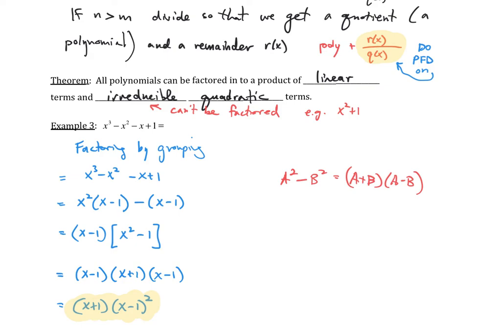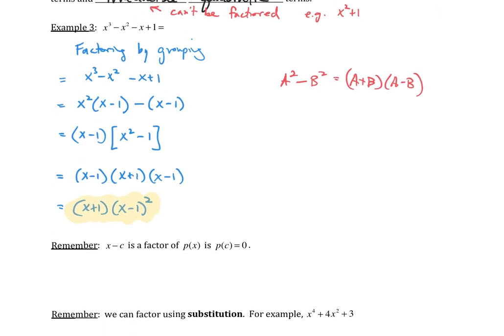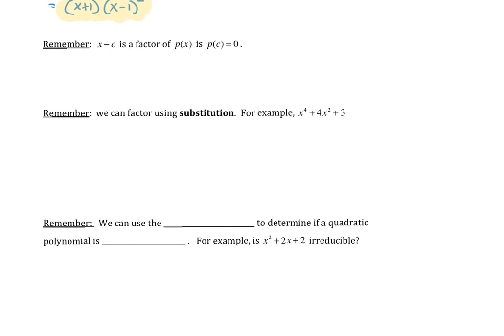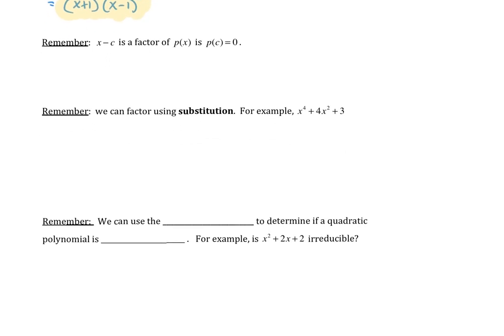Now, what we're really trying to do in partial fraction decomposition is factor this divisor q of x. So I want you to think of this polynomial as a denominator for our partial fraction decomposition. So factoring is important to the partial fraction decomposition process. There's a few things I want to remind you of. The first thing is that if the linear factor x minus c is a factor of p of x, then when you plug in c for x, you should get 0 coming out.